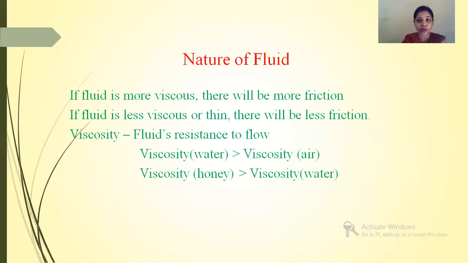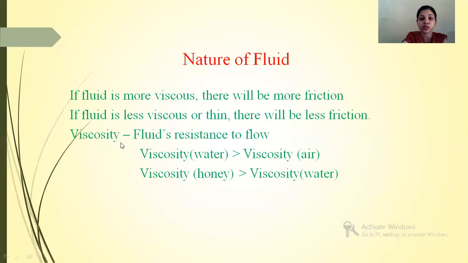Why does this happen? Because the liquid is more viscous. Viscous means the thickness of the water is more compared to that of the air. If the fluid is more viscous, or more thick, then there will be more friction, meaning it opposes the motion of the body more, right? And if the fluid is less viscous, or thin, then there will be less friction.